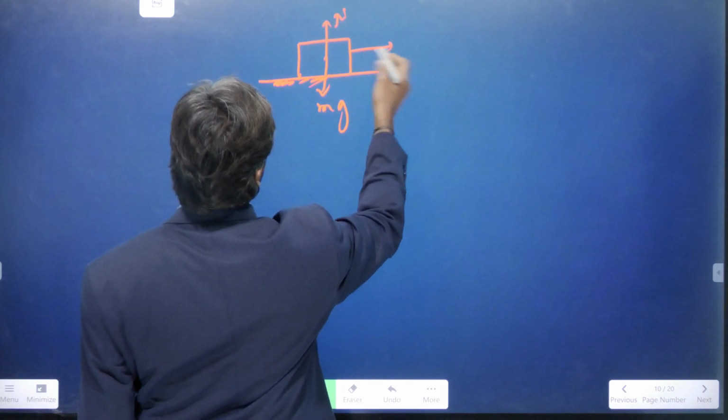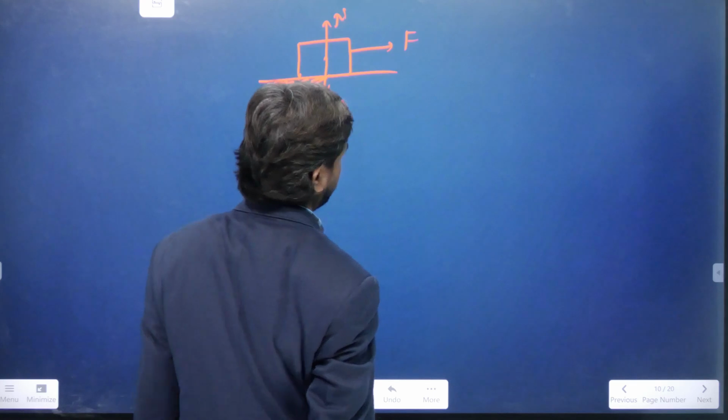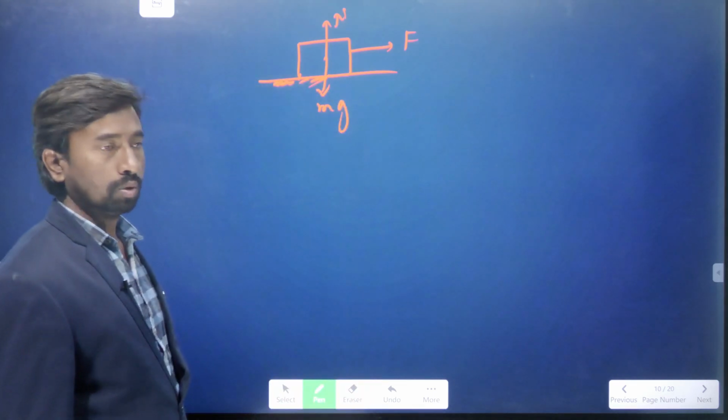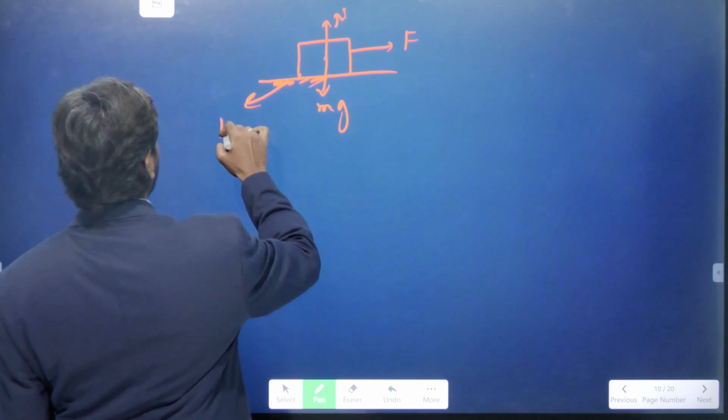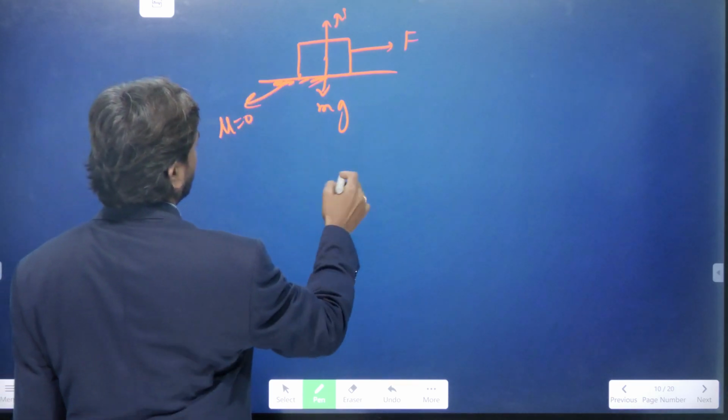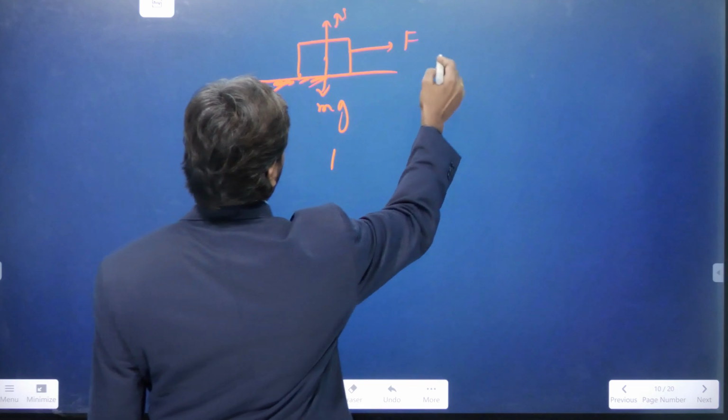Suppose here it is pulled by a force F. Then consider this is a smooth surface. So we can write the free body diagram of this.